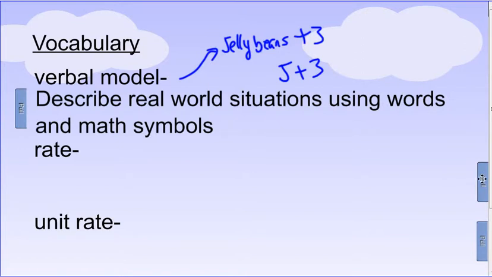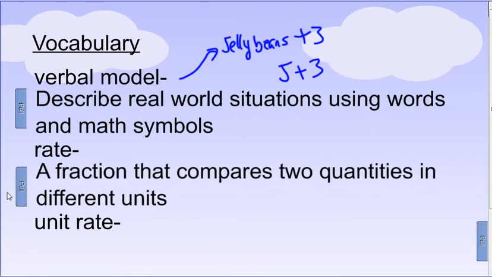The rate and unit rate we will be using throughout the lesson. A rate is a fraction that compares two quantities in different units. So you could say, like students to teachers, or like miles per hour, dollars per soda.